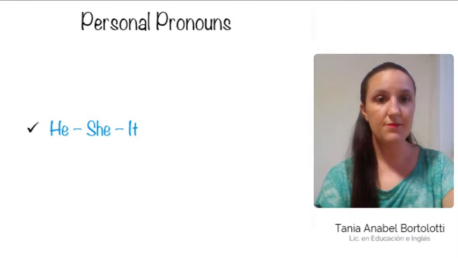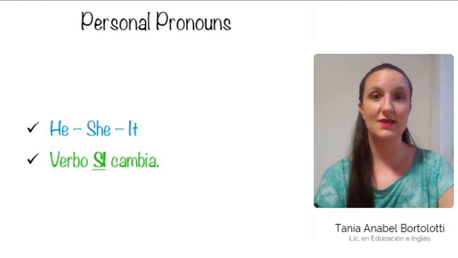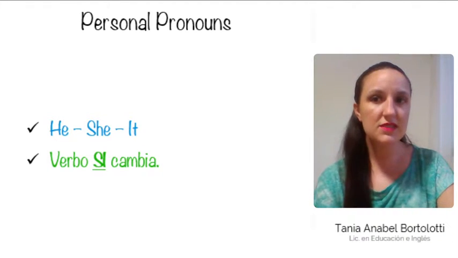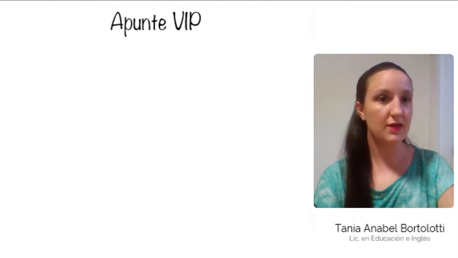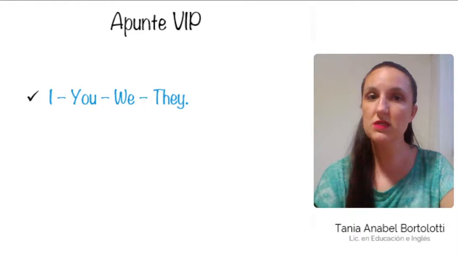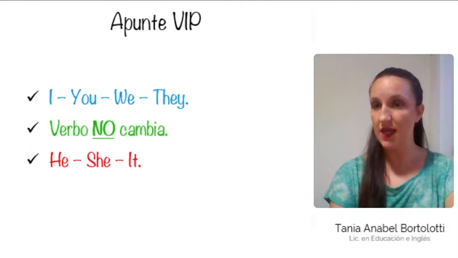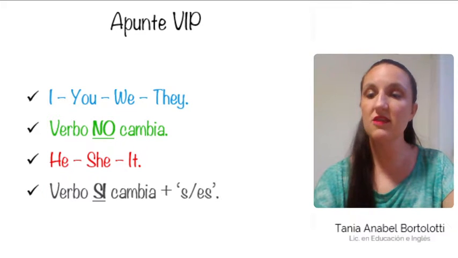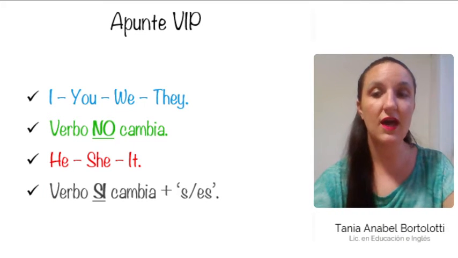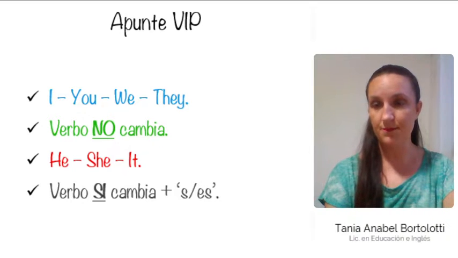That is to say, that with the personal pronouns he, she, it, the verb does change. And how does it change? Now, let's take a very important note. With the personal pronouns I, you, we, they, the verb does not change. But with he, she, it, the verb does change, adding an S or an ES.